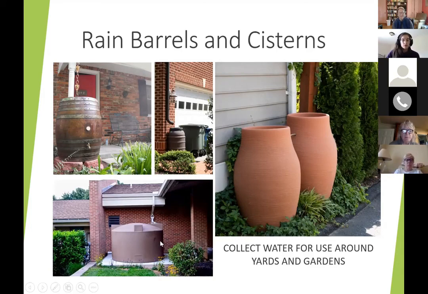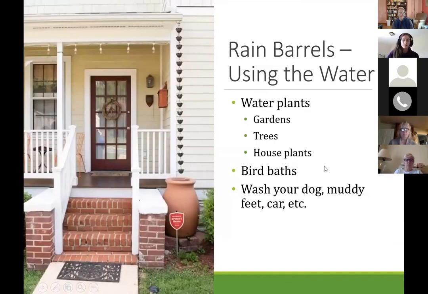So cisterns are really large scale solutions. They can take a whole lot more water than these smaller rain barrels. What can you do with the water? Generally using them outside your home.